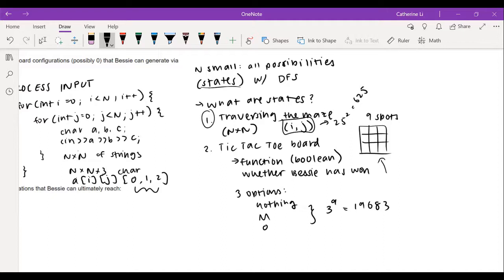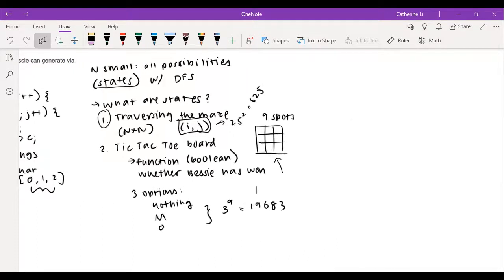But we're not going to go through all of these states. The point of the DFS is to see which of these states we can go to. Once we go to a state specified by i and j, and also the 9 different values in this board, we have to figure out if Bessie has won.